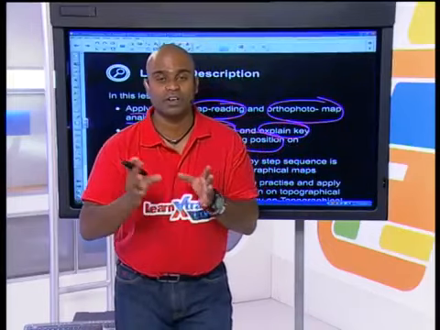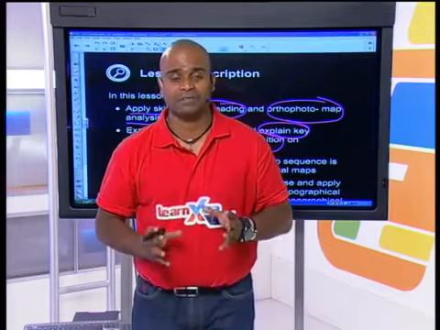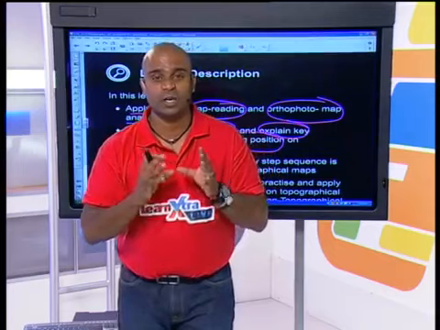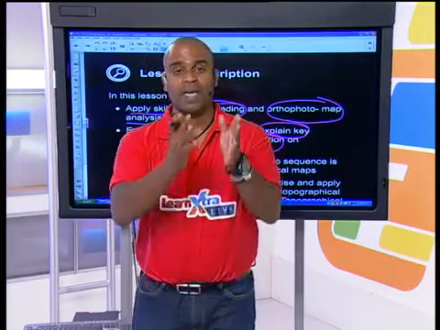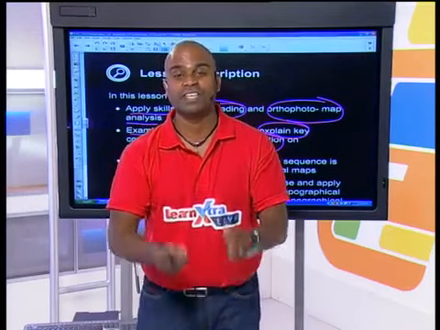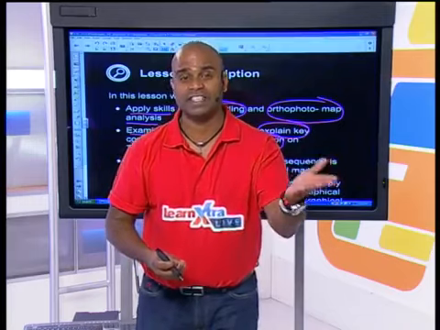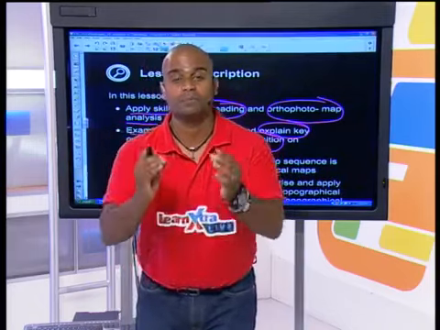From grade 10, you have been dealing with the locating of position, which in actual fact is the calculating of the grid reference. Today we'll be analyzing the globe and how it leads to the formation of a topographic map and showing you step by step how to calculate the grid reference, or in the case of grade 10 and 11 learners, the calculating of the location of positions.